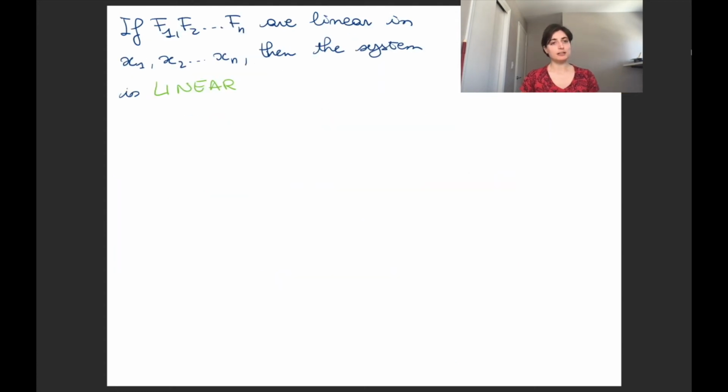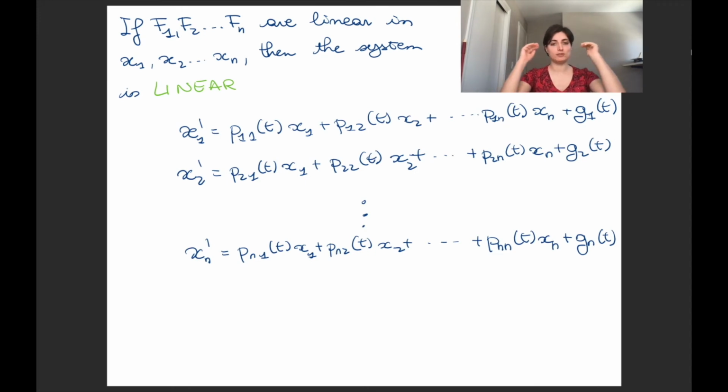So I just talked about linearity. What happens when the system is linear? We call a system linear if f1 and f2 and so on are linear in x1, x2, and so on. What does it mean? It means that they have this specific form.